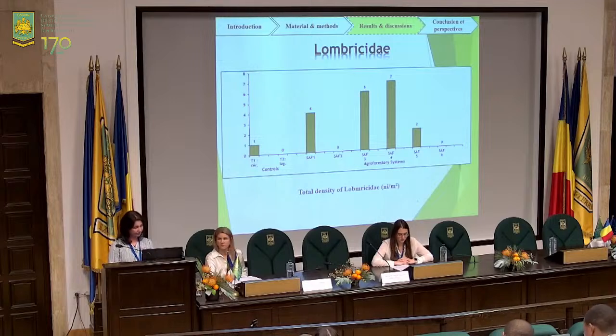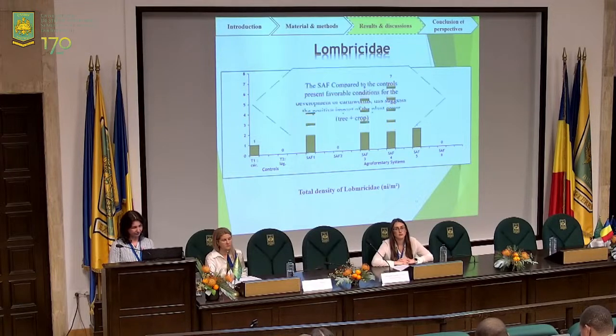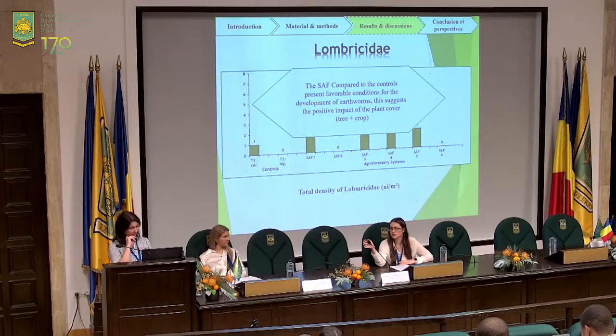The worms in all the plots were high in agroforestry system 4, so the agroforestry system compared to the control presents favorable conditions for the development of earthworms. This suggests the positive impact of the plant crop, tree plus crop.